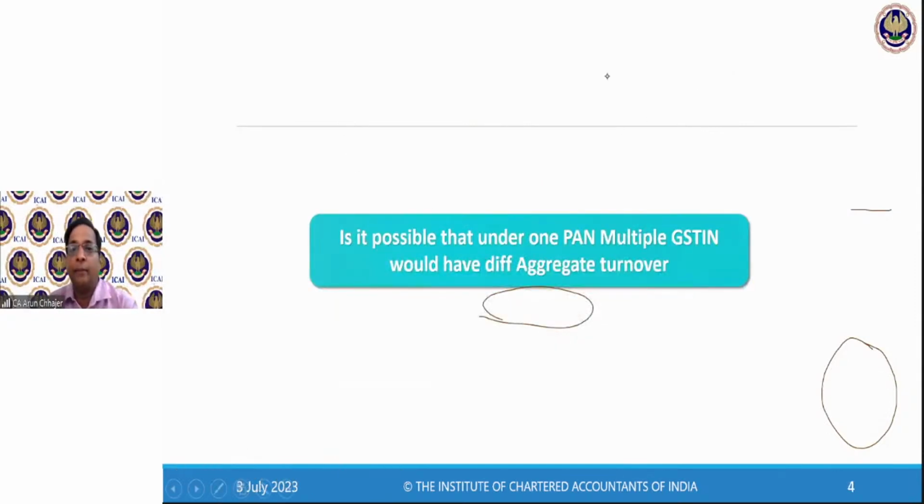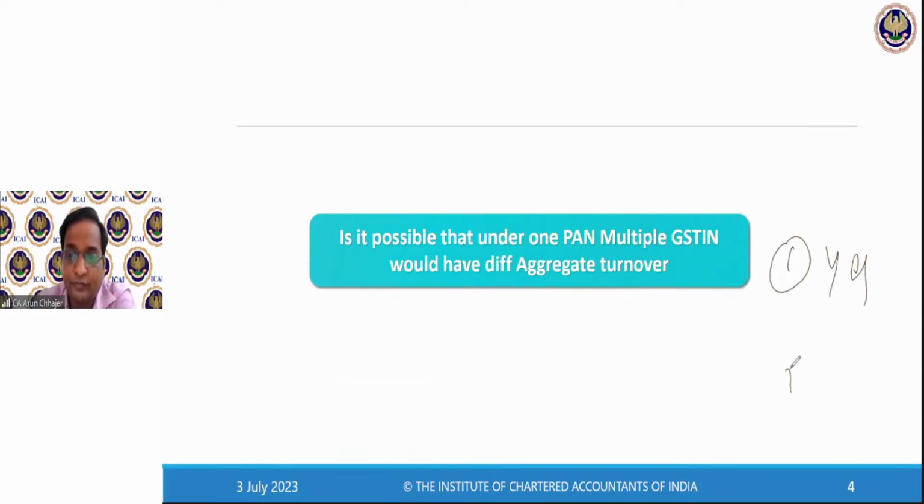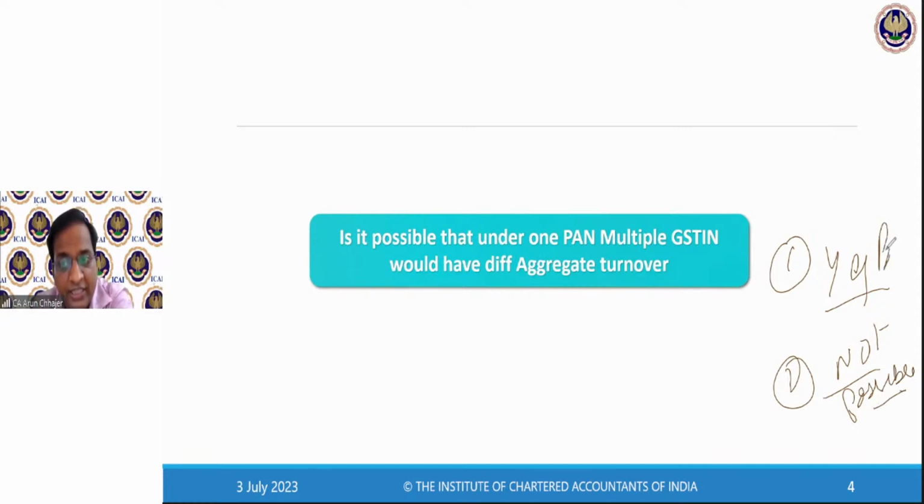Now, the very important proviso. Please confirm this sentence. The sentence which is written on the slide, is it possible or not possible? Just one question to all of you. What do you think? Can this happen or not?